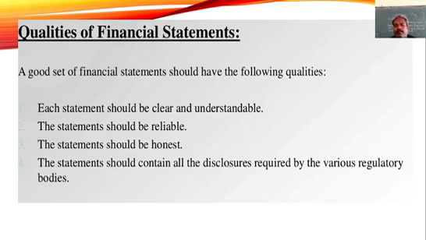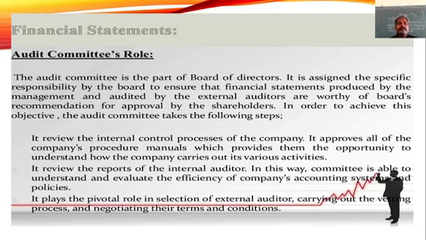Regulatory bodies may be SEBI or RBI or even some government agencies. Based on that, they should disclose all the required information, chapters or contents in the statements. These are all the major important qualities of financial statements.